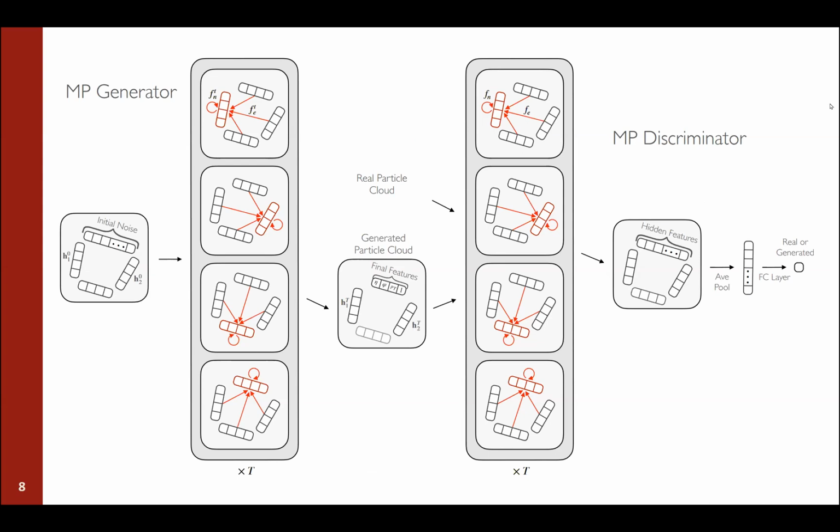You have the discriminator, which again is a similar architecture. In the end, it will spit out some hidden features where we do an averaging pool, a fully connected layer, and a final output that tells us if it's real or generated. And then you train this whole thing using the min-max game I just described previously. In the next slide, please.